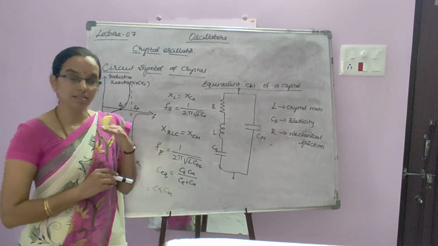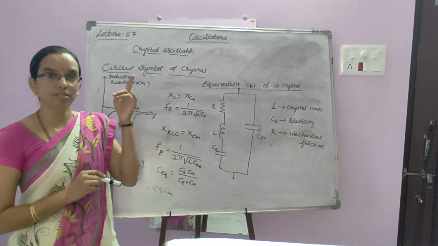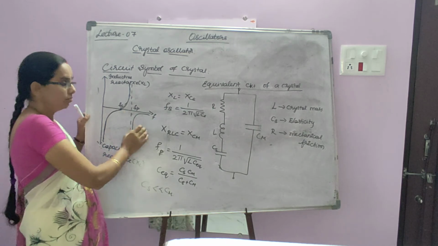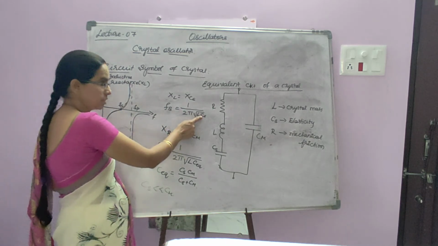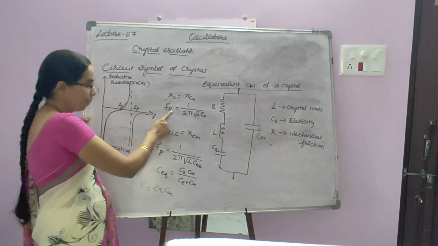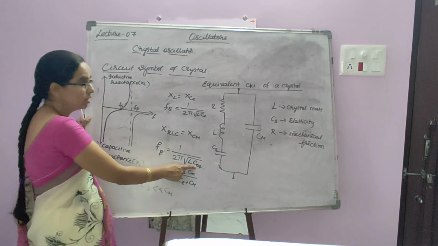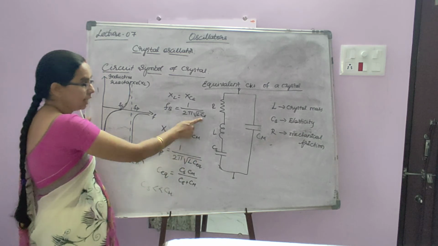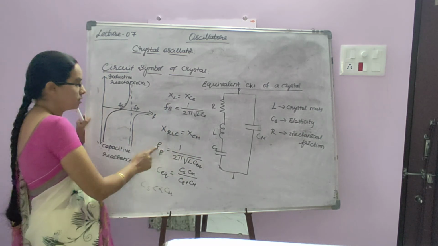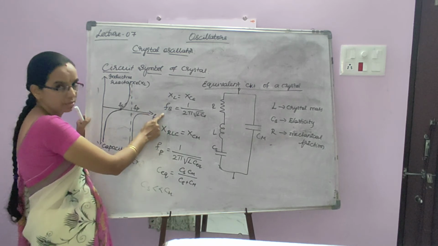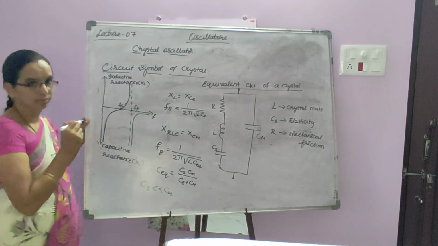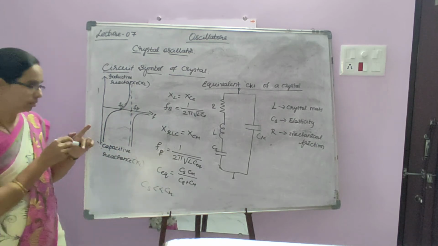If the capacitance decreases, again the frequency increases a bit. So C equivalent will be slightly lesser than Cs, and Fp is slightly higher than Fs. So you will find Fp at this point.